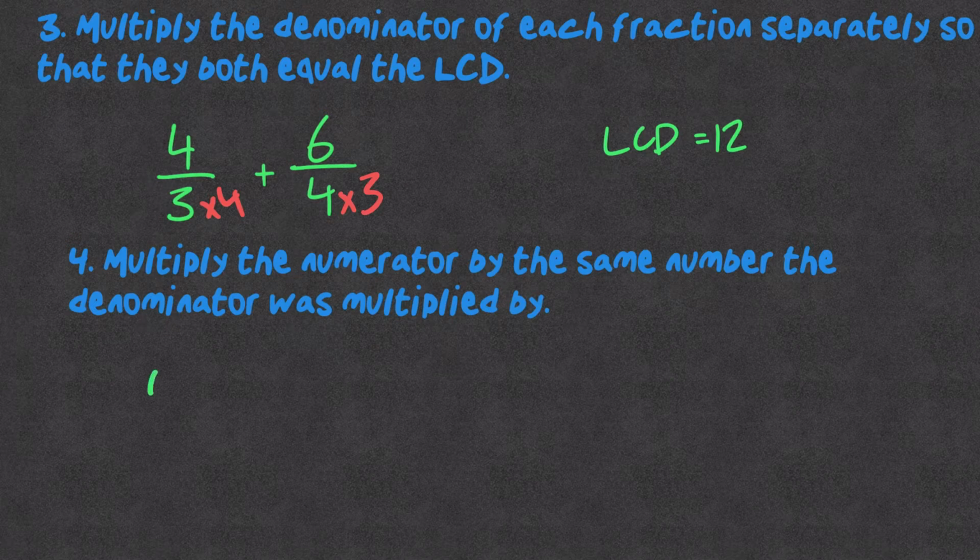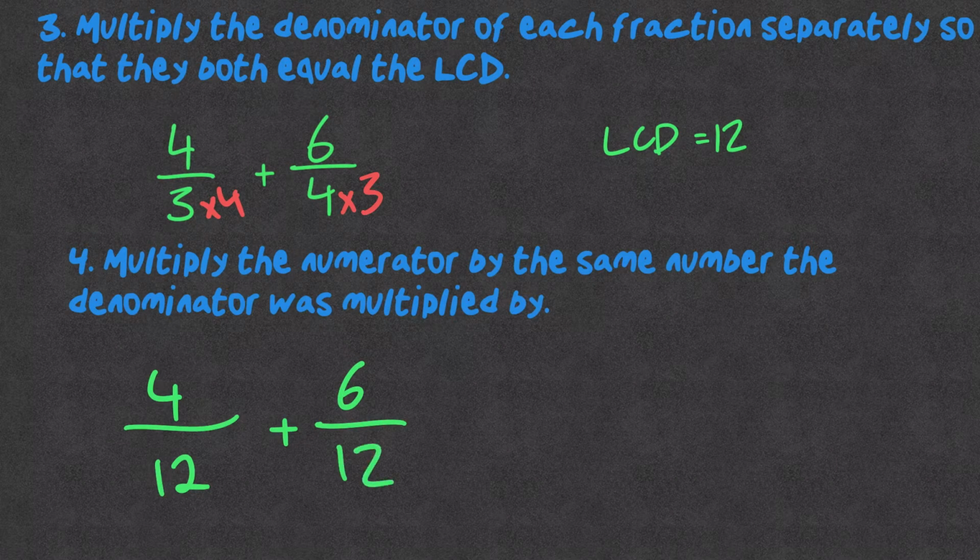And then if we go down to down here, we need to change the numerators as well. So in step 4, multiply the numerator by the same number the denominator was multiplied by. So 4 over 12, we need to change the numerator. What was the denominator multiplied by there?